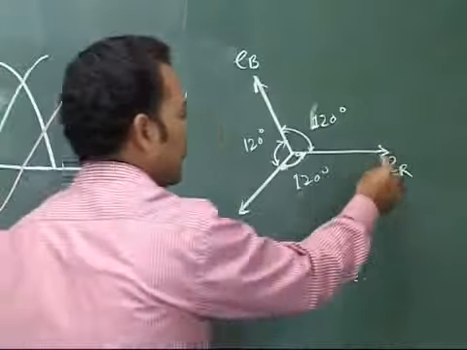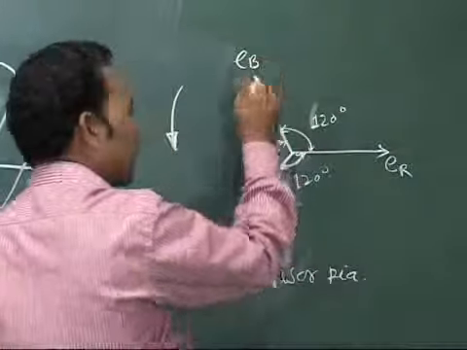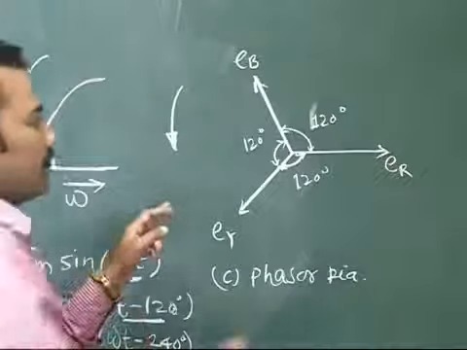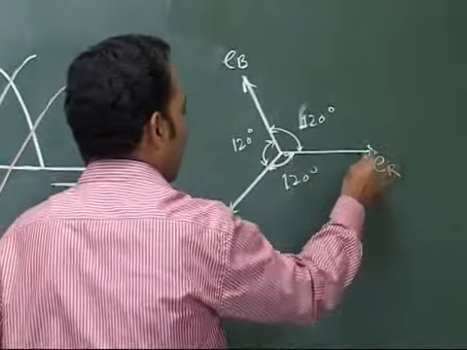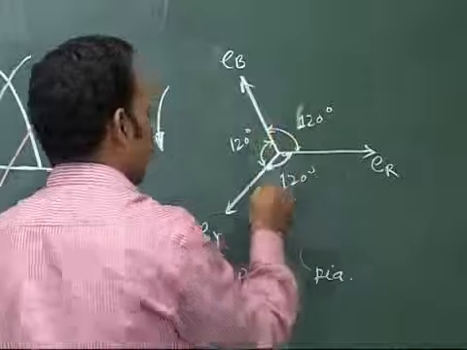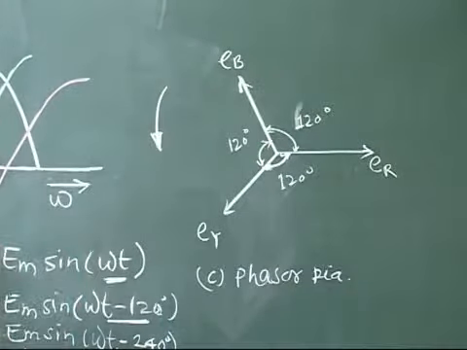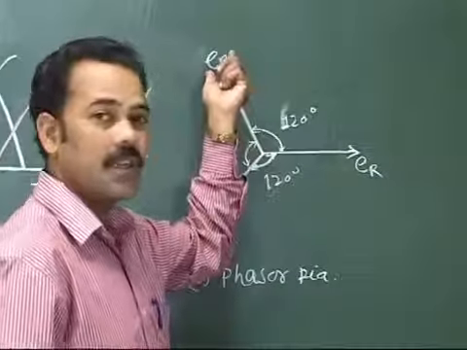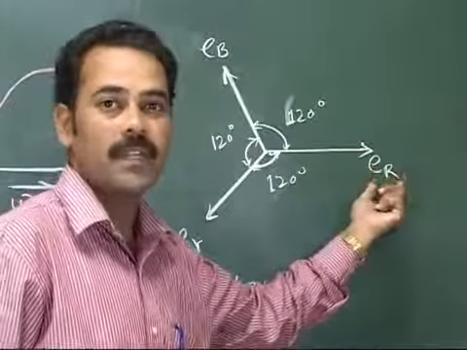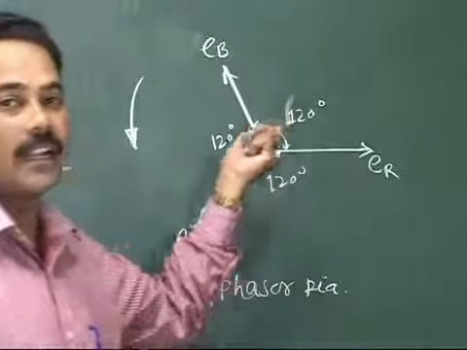Or in other words, we can say EB, the voltage in coil B, is lagging behind the voltage in the coil R by 120 plus 120, that is 240 degree. Or in other words, we can say the voltage in the coil B is leading the voltage in the coil R by 120 degree.